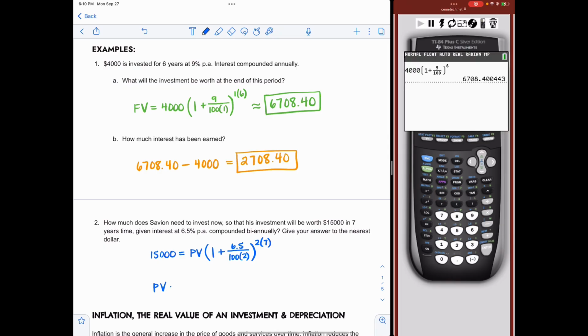So here I can say PV is approximately equal to 15,000 divided by 1 plus 6.5%. We know that 100 times 2 is 200, to the power of 2 times 7, which is 14.